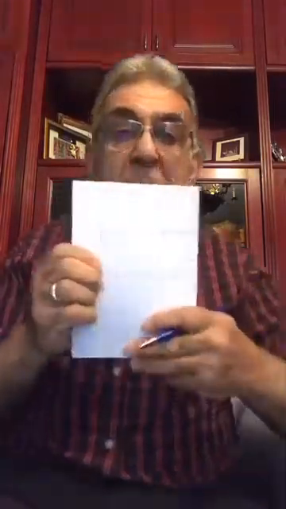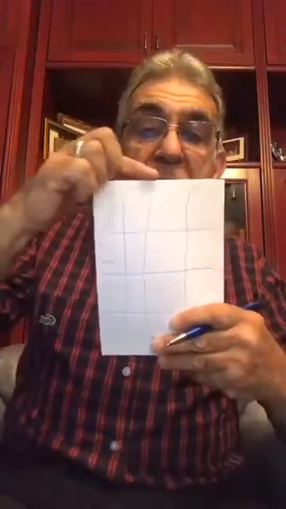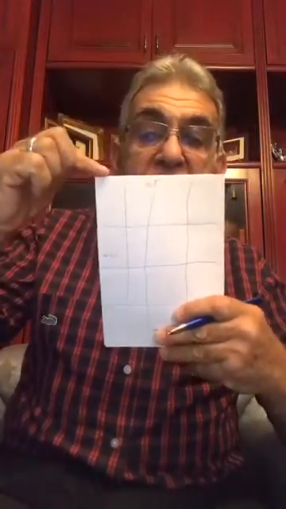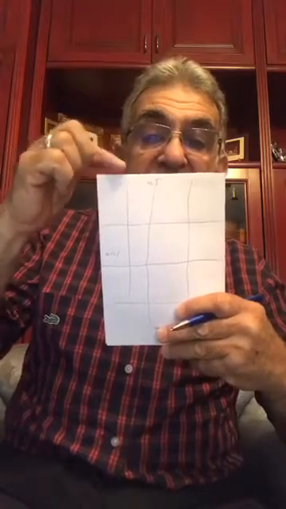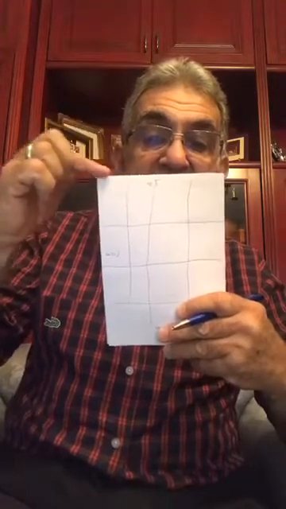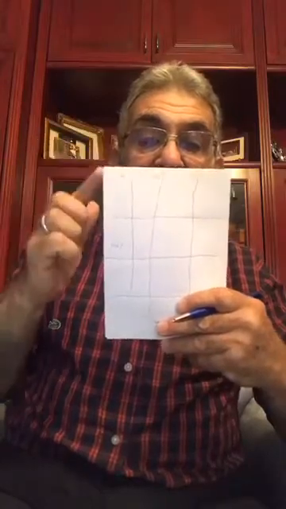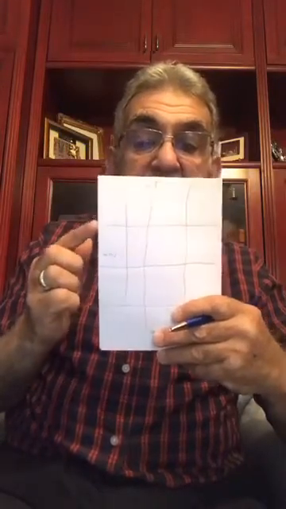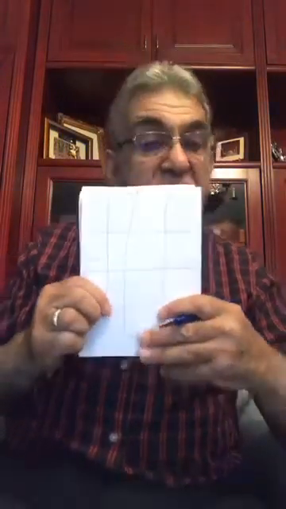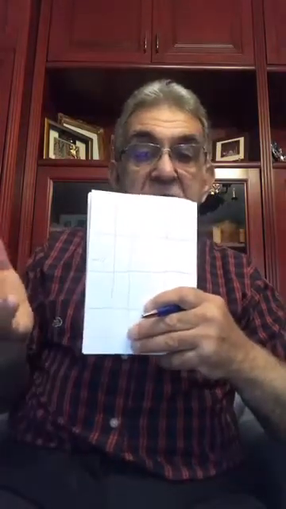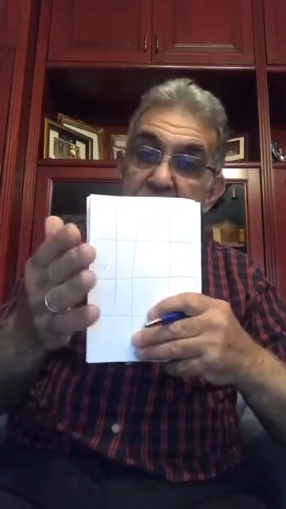We split this one. Half of 35 is 17.5. Then this one will be 17.5 by 25. Do we have a sketchbook by this size? You may have. I mean, you don't have.